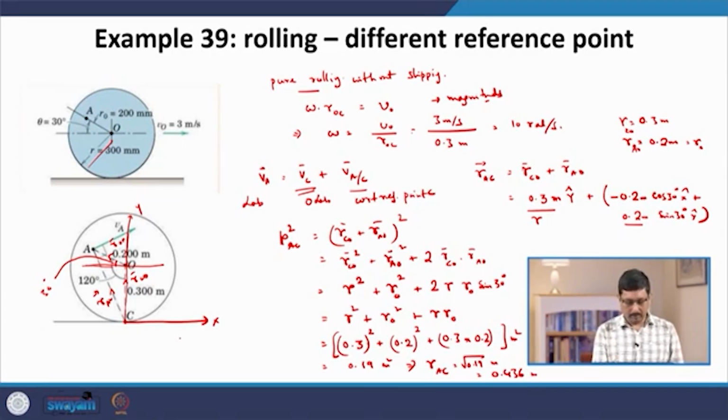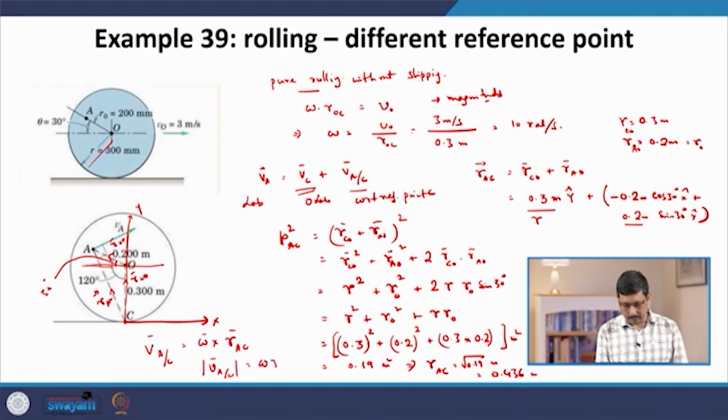So, the velocity of A with respect to C is just omega cross R AC. The direction is given here, but the magnitude is easy to calculate.